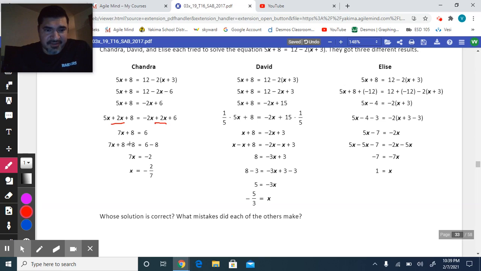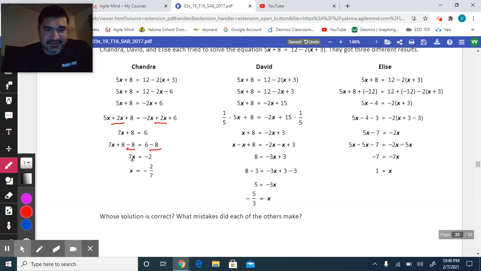Our next step is, looking at this part here, we're going to have to subtract 8. And that's what they did. And remember, if you subtract 8 on one side, you have to do it to the other side as well. So we have 7x plus 8 minus 8, which is 0. So we end up with 7x. And 6 minus 8 is negative 2.